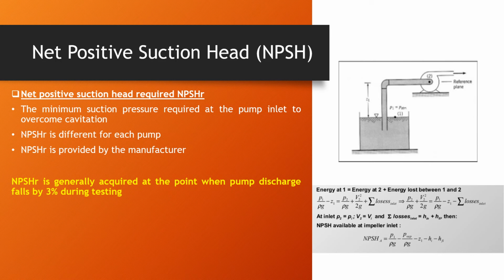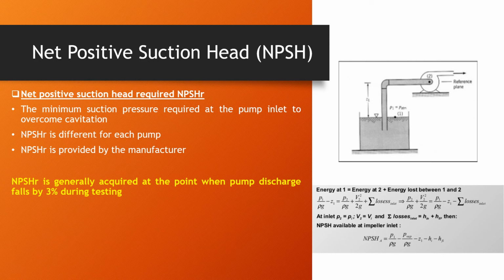So if you have a fluid at point 1 with pressure P1, and then you have the pump inlet at point 2, with P2 where you have some velocity V2. At P1 there's no fluid velocity, so V1 is equal to 0, and the height between the 2 points is Z1, and you have all the losses in the pipes, the summation of losses.